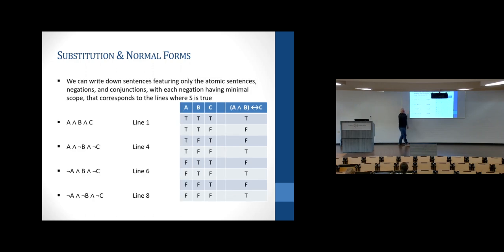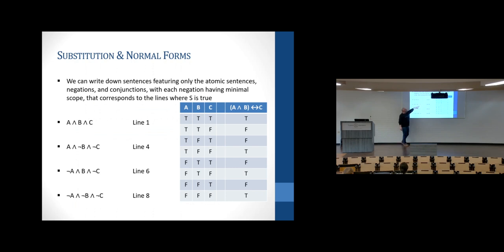Find the lines where the sentence that you're interested in is true. So right, we have here, here, here, and here. What we can then do is build conjunctions out of the atoms that are required. So if the atom is true, the atomic sentence goes in.